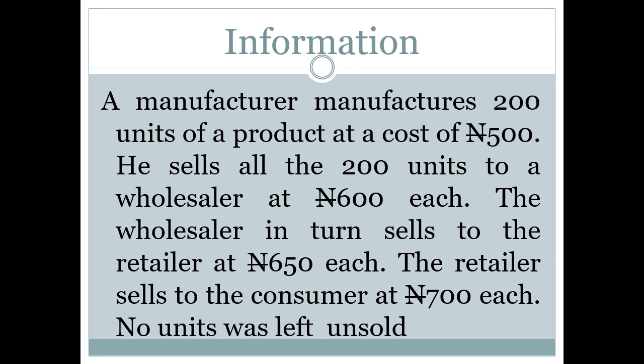The wholesaler in turn sells to the retailer at 650 naira. The retailer sells to the consumer at 700 naira each. No unit was left unsold. That is to say, all the production was sold out.